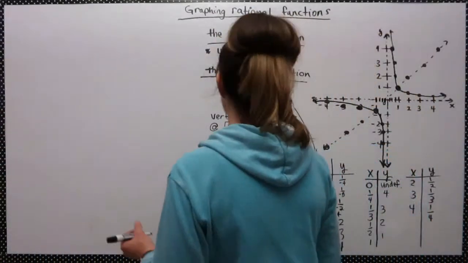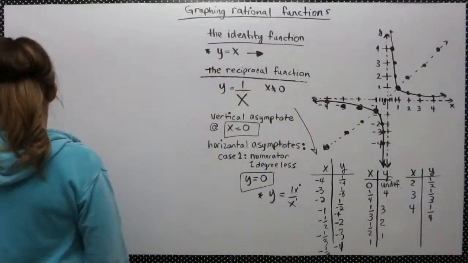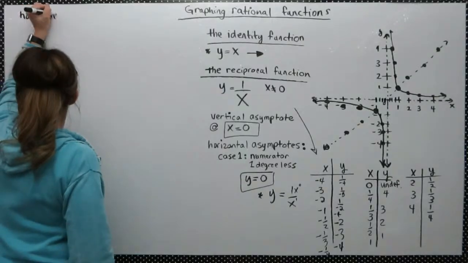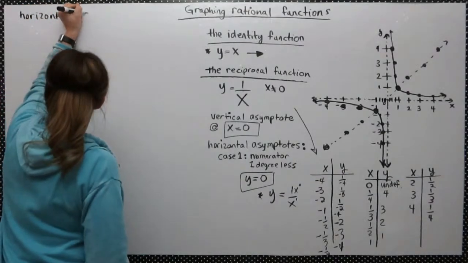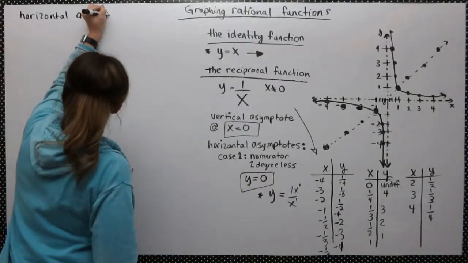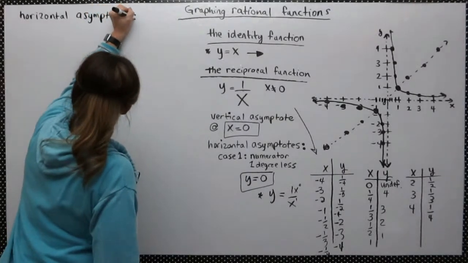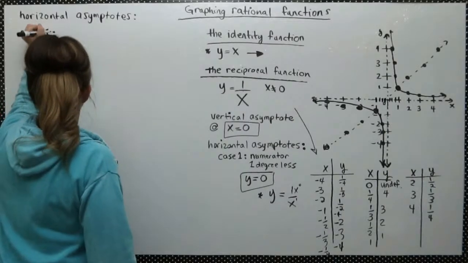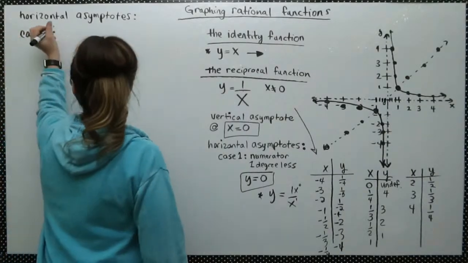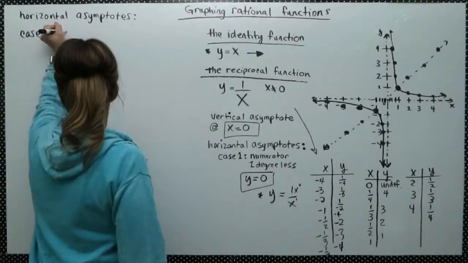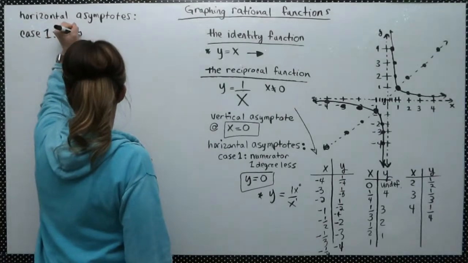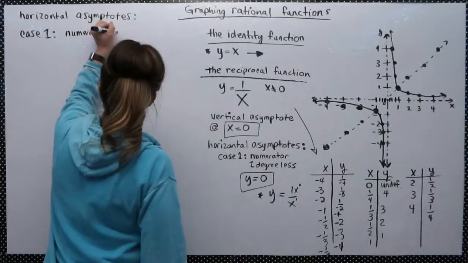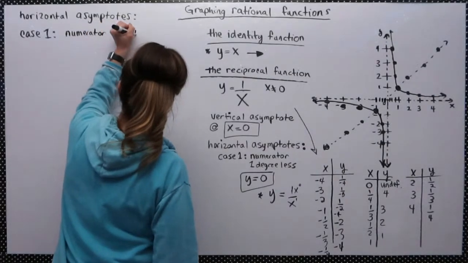So, for example, horizontal asymptotes. You have case 1, the numerator is 1 degree less.